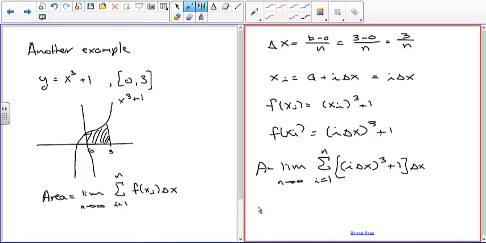The next step is, for delta x, we'll put in 3 over n. So you get the limit as n goes to infinity of the summation from i equals 1 to n of (i times delta x) cubed, where delta x is 3 over n, plus 1, times delta x, which is 3 over n.